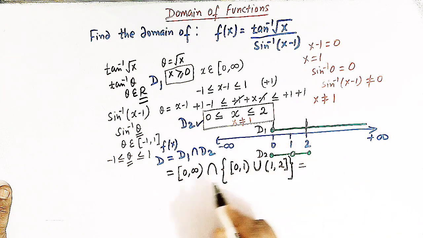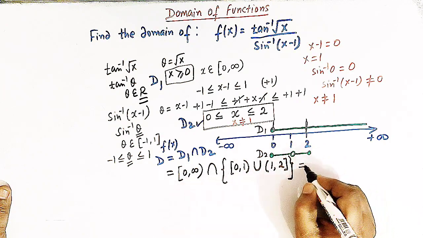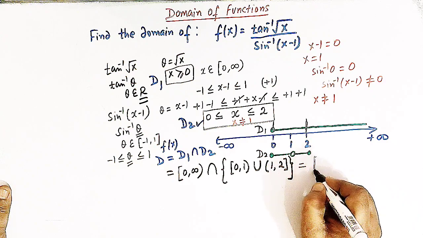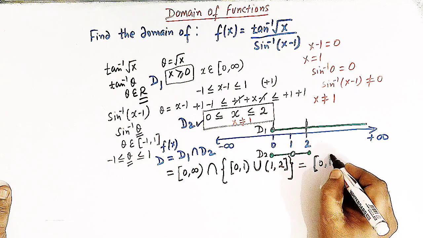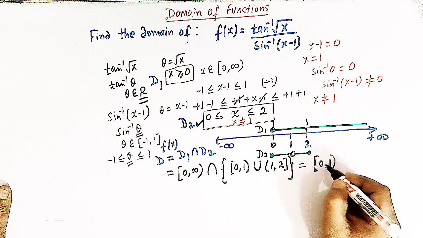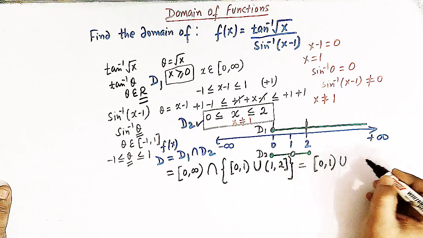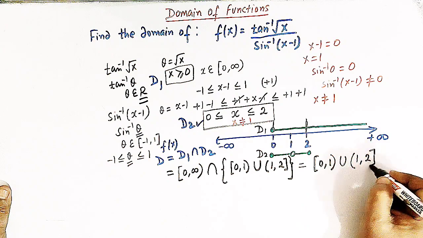So the intersection of these two intervals is given by 0 to 1, where 1 is not included, and then we have the union, and here we have 1 to 2, and 2 is closed.